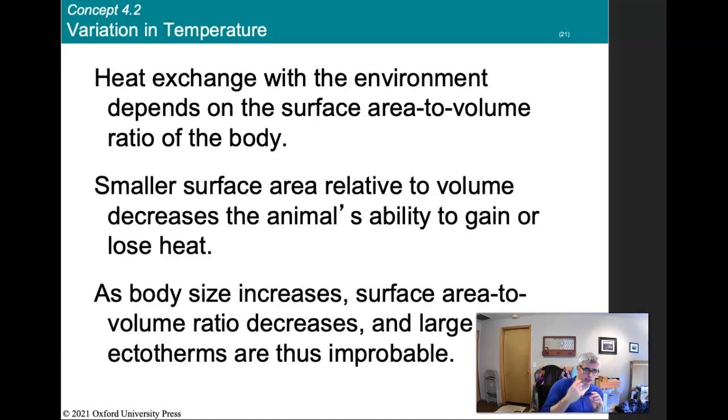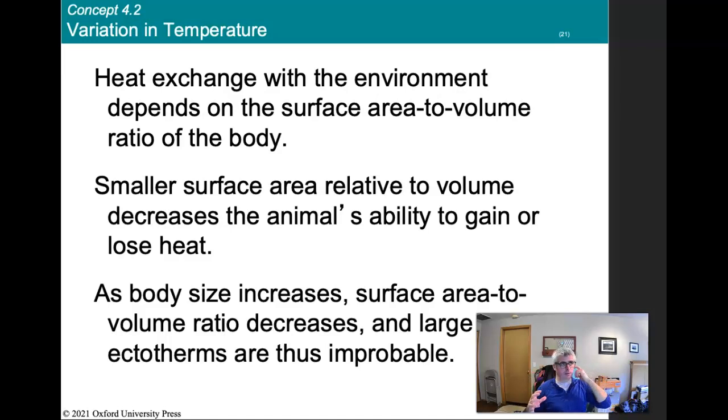So if you calculate the surface area of that, divide it by the volume, you're going to get a larger number than if you take a basketball, measure the surface area, and divide that by the volume. Because as the sphere gets larger, the surface area is increasing with the square, length times height, effectively, right? But the volume is increasing with the cube.